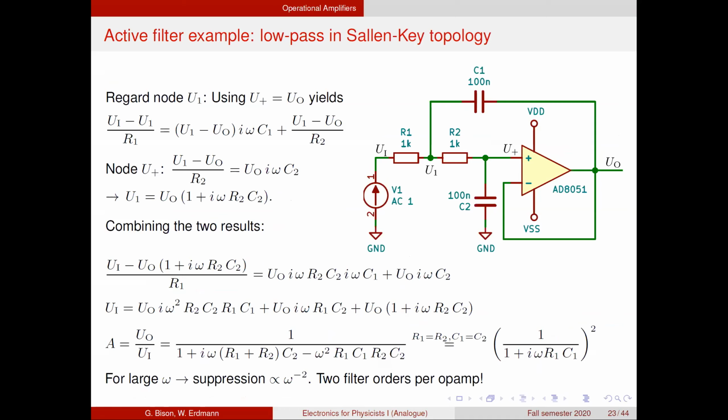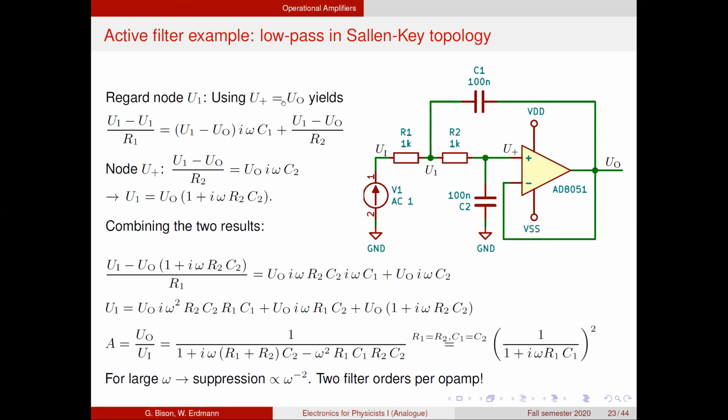So let's have a look at node U1, this one here. The filter is simply a buffer. So we know that the output voltage, which is connected to this terminal through here, is kept at the same value as this plus terminal.